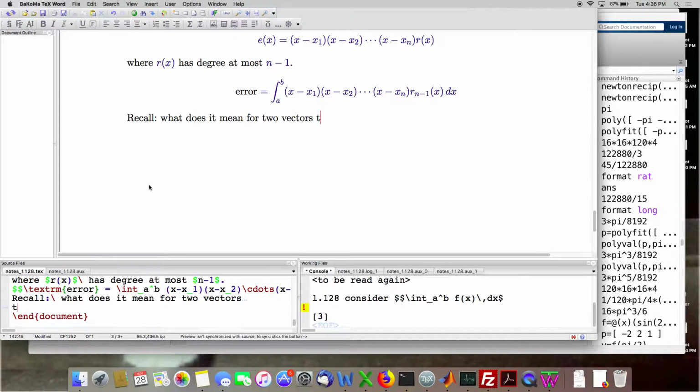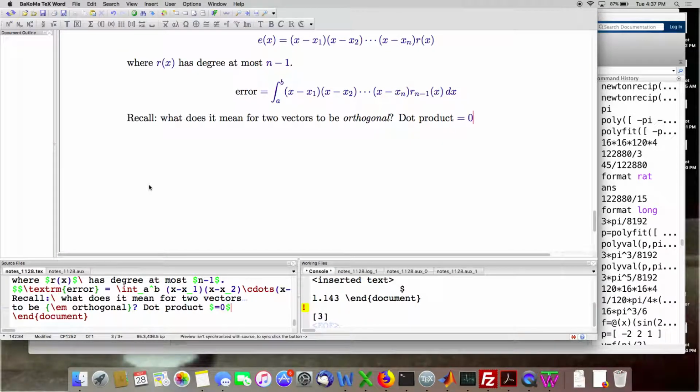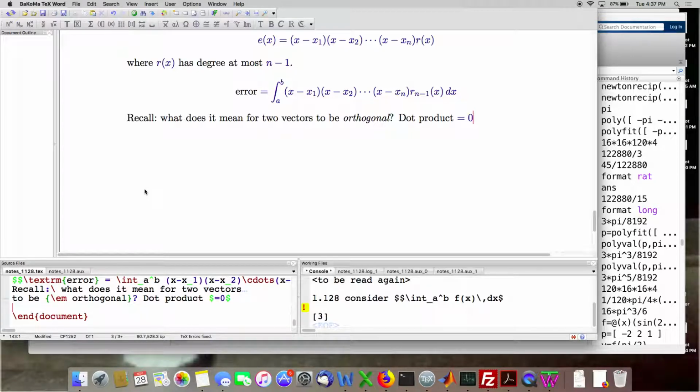What does it mean for two vectors to be orthogonal? So if you can dust off your Cal 3 hat and put it on. Yes, the dot product equals 0. Okay, now let's push this a little further.